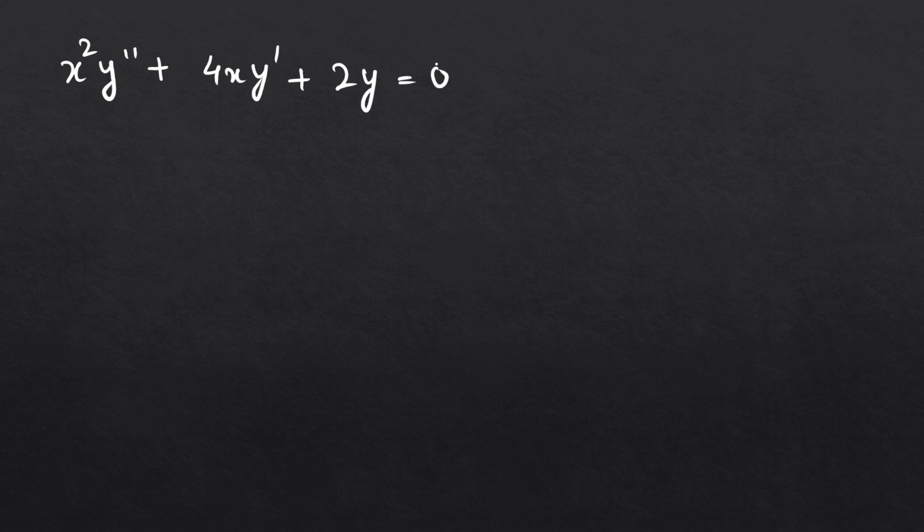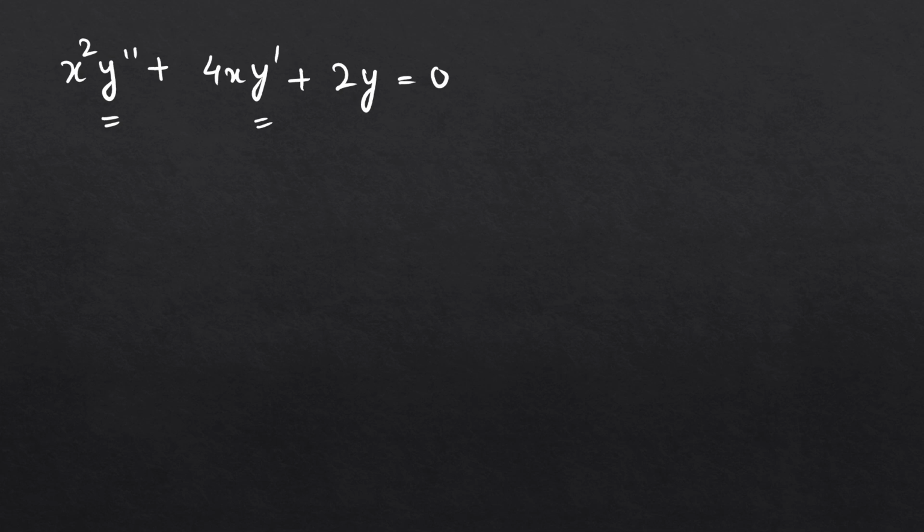Now we will do one question so that we can easily understand what the type of equation is and how we can solve it. First of all, in this series we will do only homogeneous equations. So suppose the question is given: x square y double dash plus 4x y dash plus 2y equal to 0. Now see, in this case the coefficient of y double dash is variable, simply x square. The coefficient of y dash is also variable, 4x.